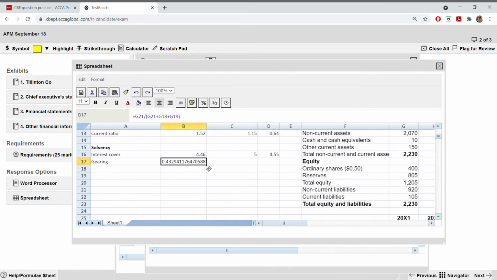Now drag it to the other cells. This is gearing based on book value. You're taking it to 2 decimal places. Okay, let's not take it in terms of percentage.